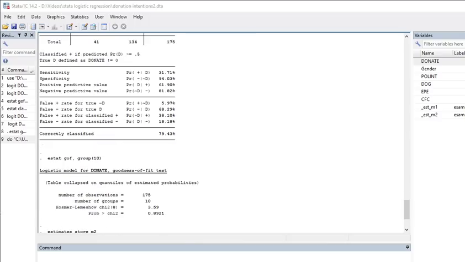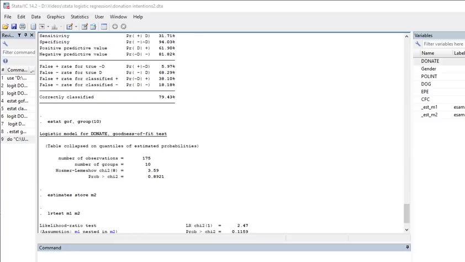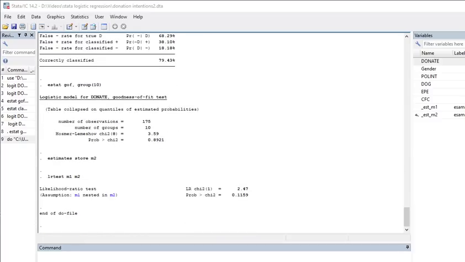There's a goodness of fit test, and then right down here the likelihood ratio test, where we had model 1 versus model 2, and you can see that there was no significant difference in models. So adding in the additional variable for model 2 didn't yield a significant improvement in fit.